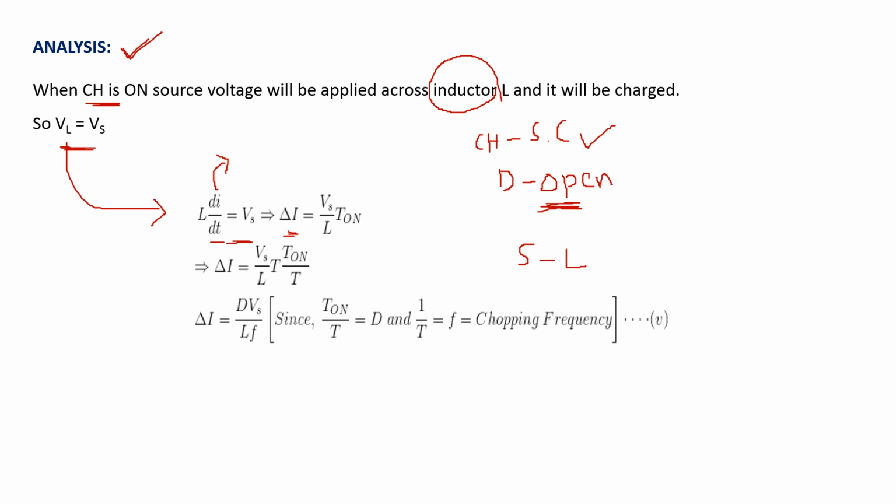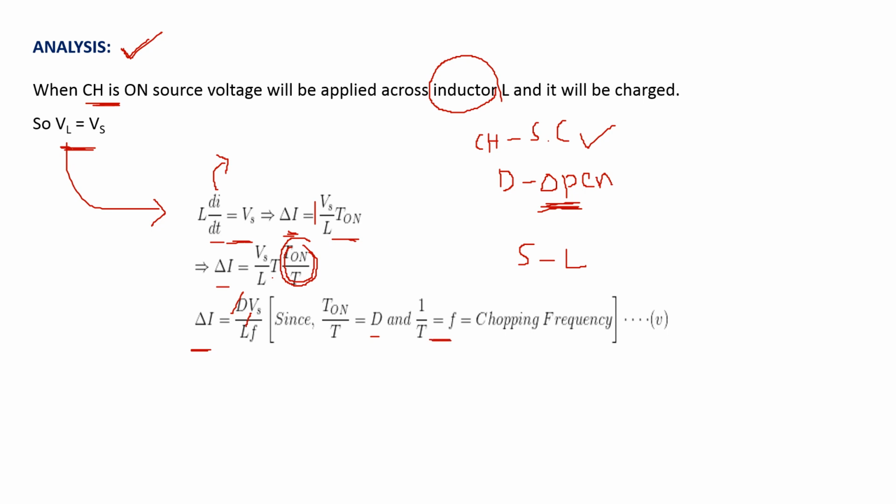From that, delta I is equal to Vs by L into T on. Now for obtaining the duty cycle, we are going to multiply and divide by T. So delta I is equal to Vs by L into T by T into T on. So T on by T is nothing but the duty cycle D, and 1 by T is nothing but the frequency.